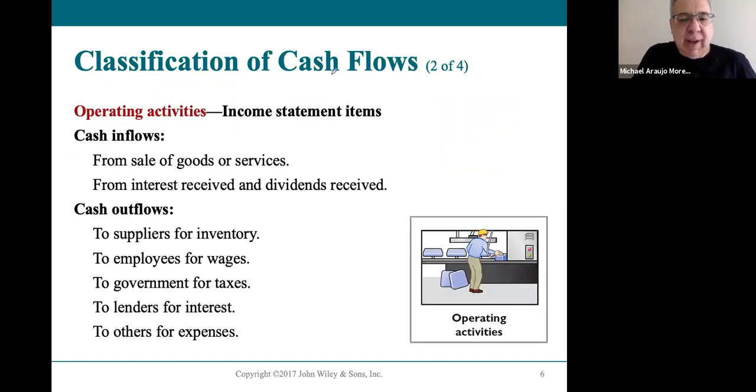So cash flow, again, looking at cash in and cash out. There's only two ways cash can flow. That's the good news, in and out. How do we look at that from an operating activity perspective? Well, let's just take a look at cash coming in. The inflows in operating tend to be revolving around income statement items. So cash comes in when you sell goods or services.